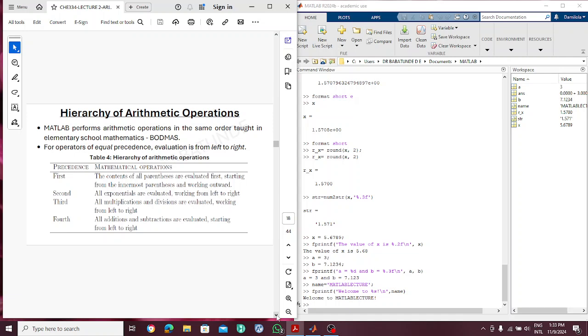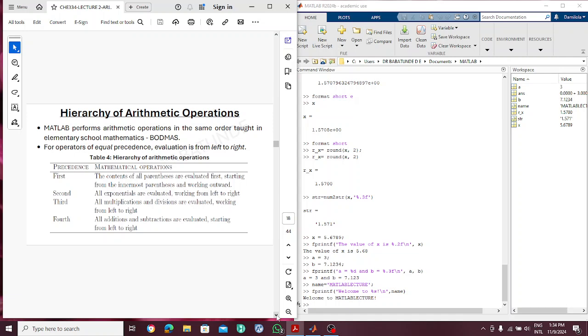So when MATLAB wants to compute, it looks at the precedence of the operators that are involved in the command. So if there is anything like parentheses, otherwise known as bracket, it computes that first. If there are several parentheses enclosed in each other, it's going to start the computation from the inner parentheses and move outward.